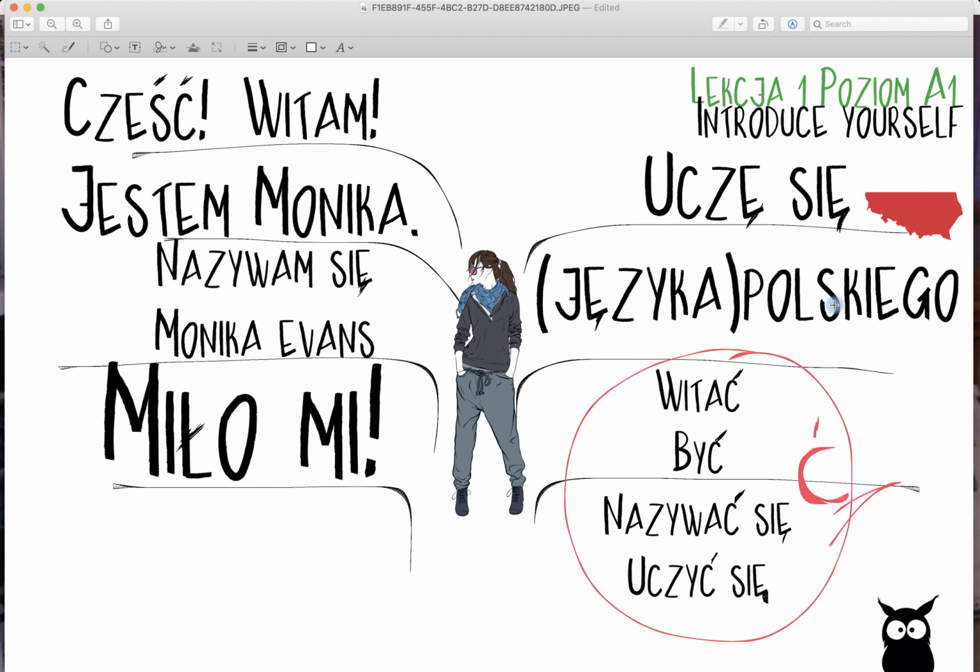If you just want to say, I'm learning Polish, or I learn Polish, skip this bit here in brackets, okay? So just one last thing here for you is the letter G. In Polish, we pronounce it as G, okay? So it's not J, but G, as in great, right? So polskiego. This is the way to pronounce it. So polskiego. Uczę się polskiego.